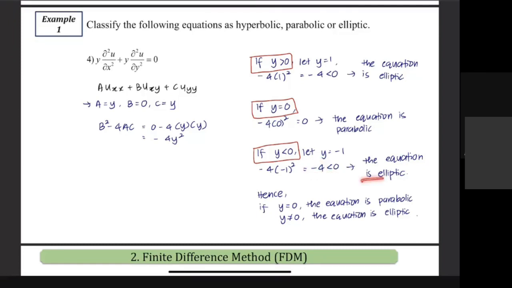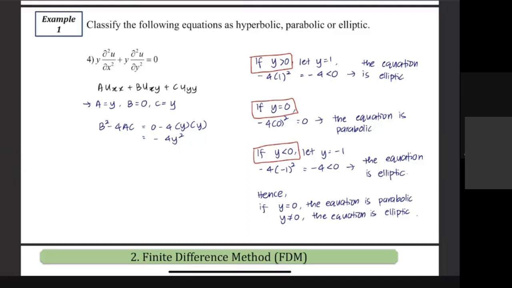The equation is elliptic. So when Y greater than 0 and less than 0, the equation is elliptic. Hence, you can write the solution like this. When Y equal to 0, the equation is parabolic. And when Y is not equal to 0, then the equation is elliptic.